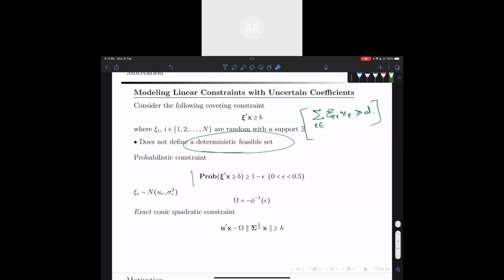That is, the probability that this constraint is satisfied is greater than or equal to some value that satisfies me.